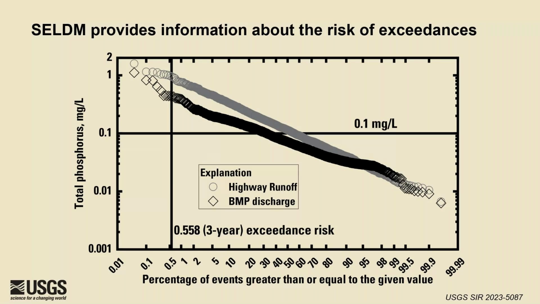We can also ask the reverse of that question. So what concentration might be exceeded in 0.5% of storms? In this figure, for highway discharge, that concentration is about 1 milligram per liter. And for the BMP discharge, it's 0.45 milligrams per liter.